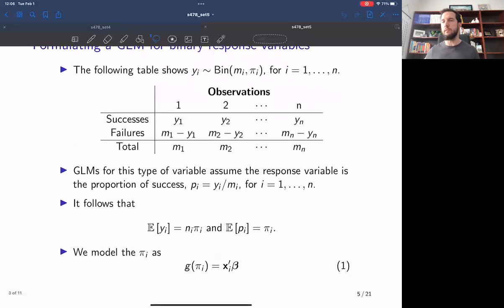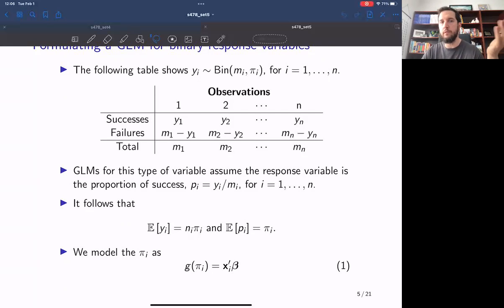Okay, so just as a reminder, the structure of a binomial random variable. If we have n observations, each observation is going to have a total number of trials associated with it, which we're calling little m in this case. Out of those trials, you're going to have some number of successes, which we're going to call little yi, and then we're going to have a corresponding number of failures, which is m minus y.